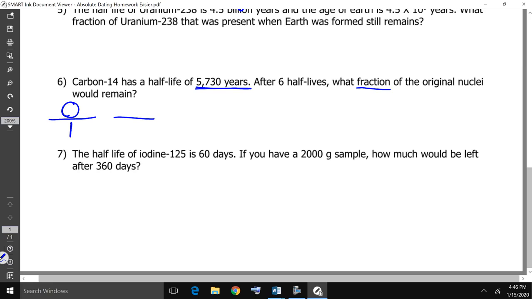I can just do 1 half-life, 2 half-lives, 3, 4, 5, 6. So we can always use this as a placeholder. Sometimes they don't even give us the half-life. It just says after 3 half-lives, how much would we have left?